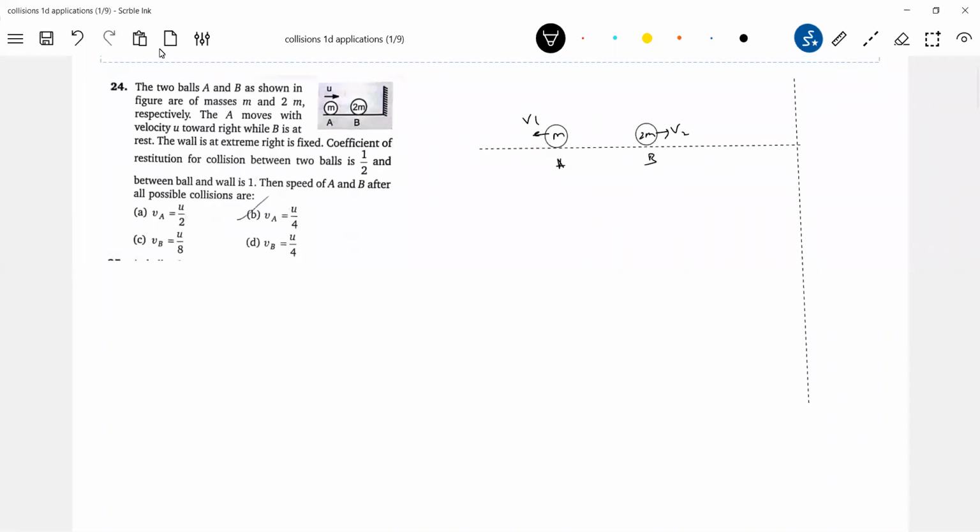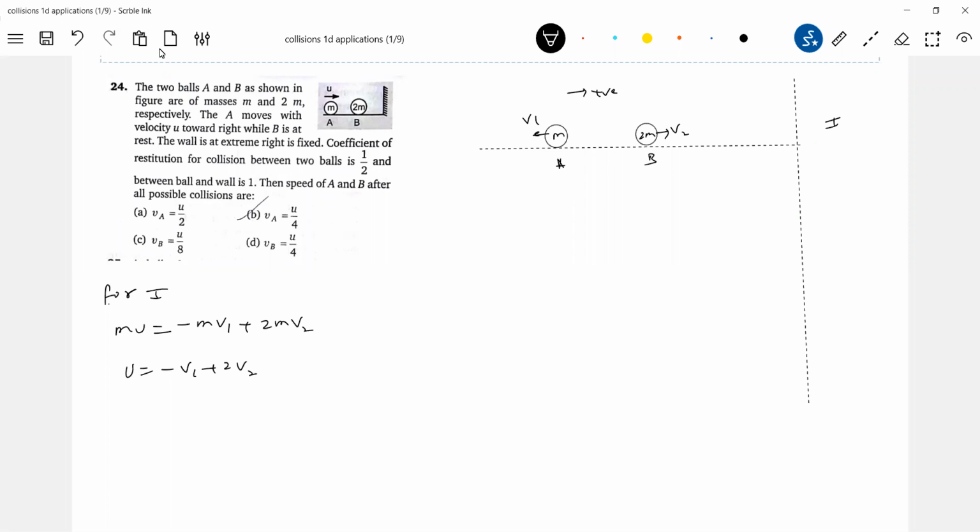So initial momentum. This is for the first diagram. I'll put this one for event 1. Mu is equal to minus mv1 plus 2mv2, or u equals minus v1 plus 2v2. Towards right, let it be positive.